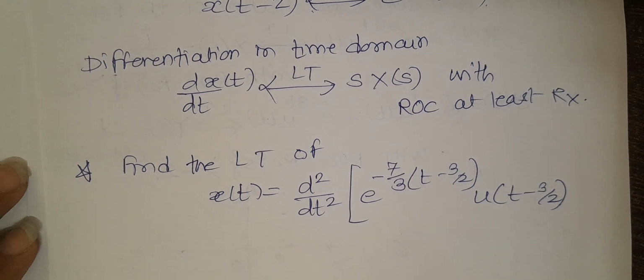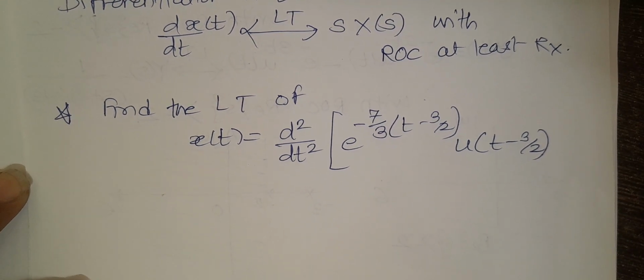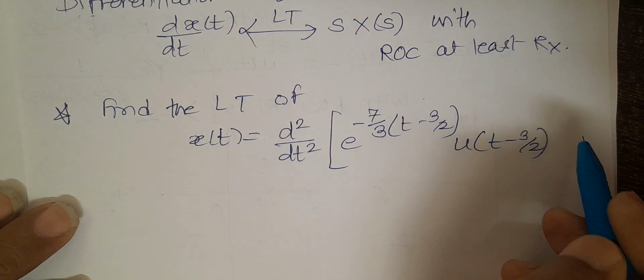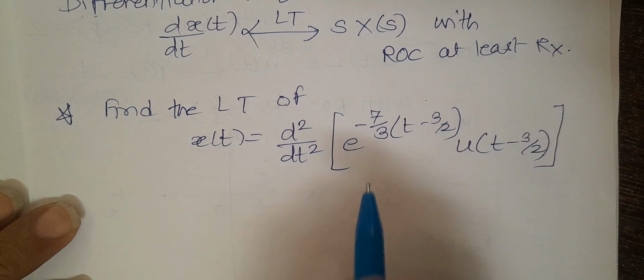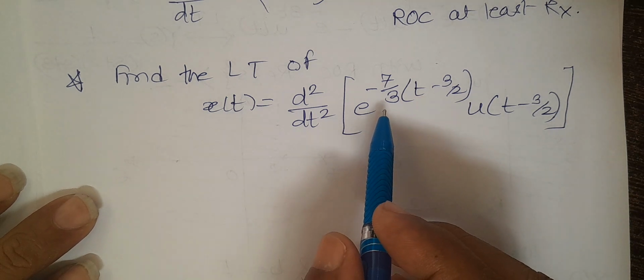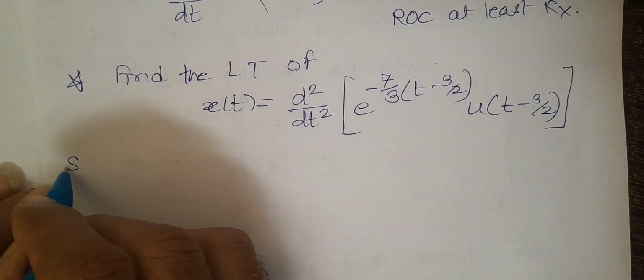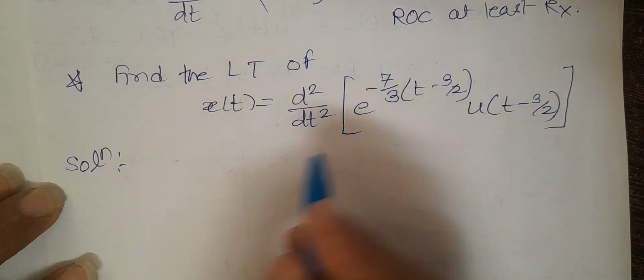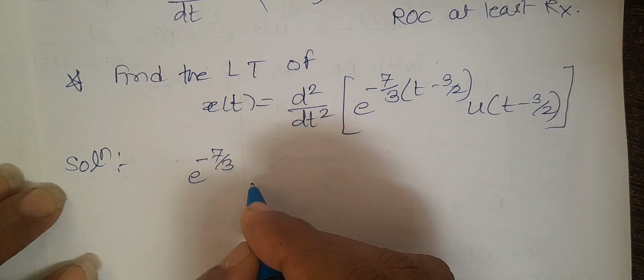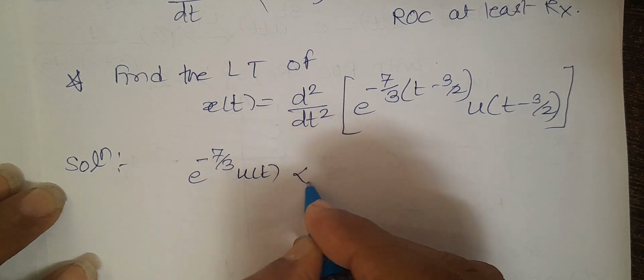By using the bilateral time shift and the differentiation property, find the Laplace transform of this. We first look at the signal e raised to power minus 7/3 t times u(t). What is the Laplace transform of this?